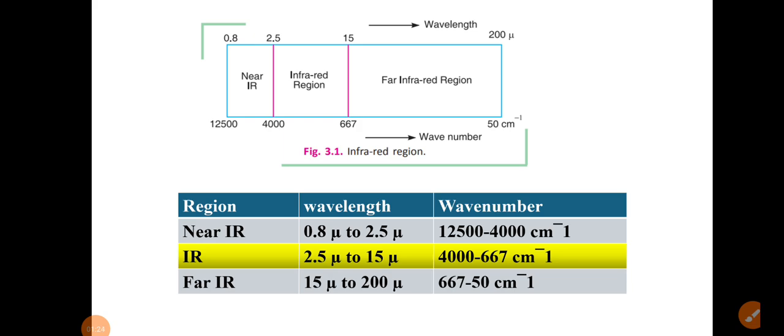The range of 0.8 to 2.5 micron is also 12,500 to 4,000 centimeter inverse. One and the same thing, just the unit is changing. One is given in wavelength, that is in micron, and the other in wave number, that is centimeter inverse. In mid IR, 2.5 micron to 15 micron corresponds to 4,000 to 667 centimeter inverse, and similarly in far IR also. So these are the ranges. Please remember this.